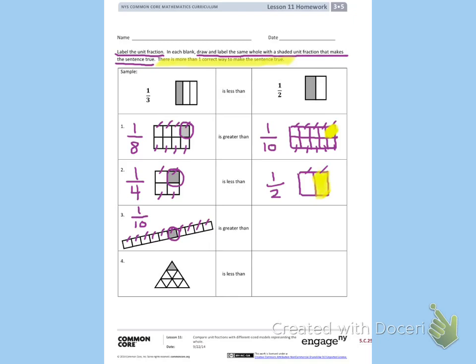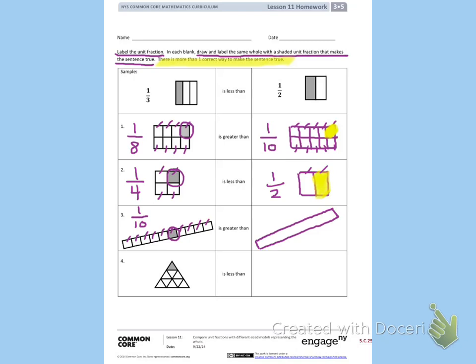You need to make the same rectangle and figure out how many pieces there will be in this rectangle that make the sentence true. If 1/10 is greater than the fraction you're going to make in the third column, that means you need to divide your rectangle into more than 10 pieces, and then shade in 1 portion and write your fraction.